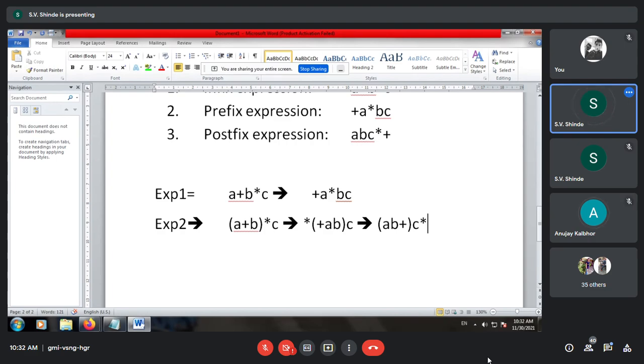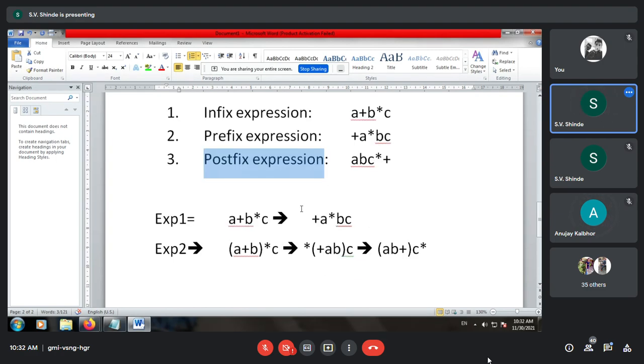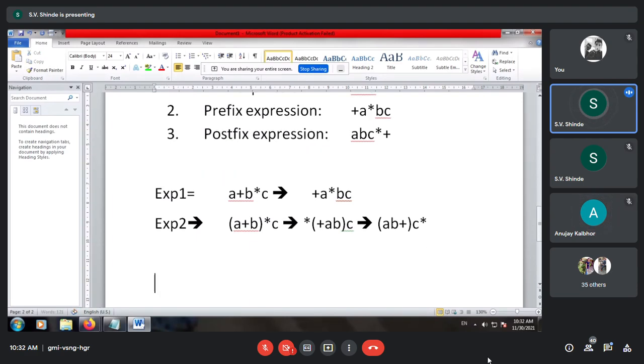So we have first the infix expression, second the prefix expression, and next the postfix expression. In exams, it comes 100%. These three expressions come 100% in exams. Therefore, I have taken just a basic example. We have not gone deeper.